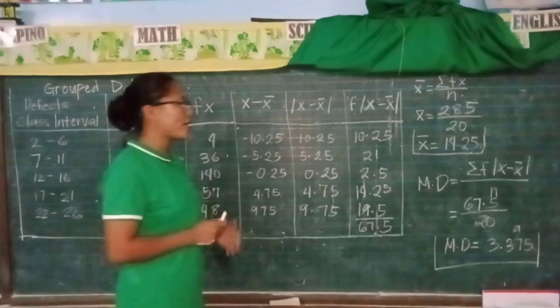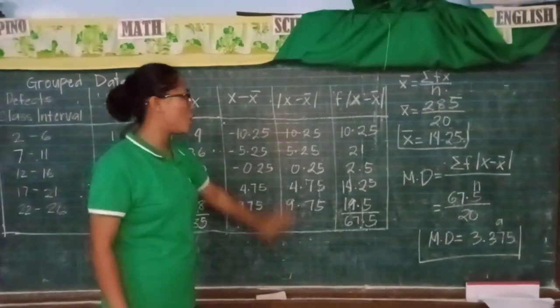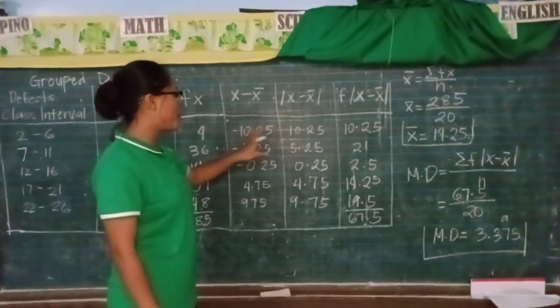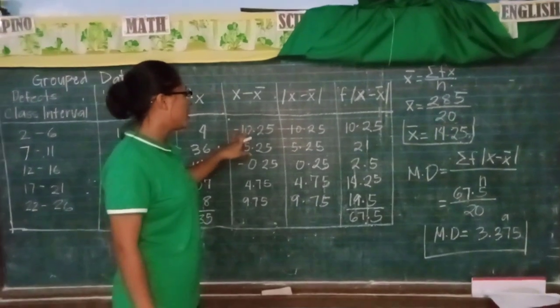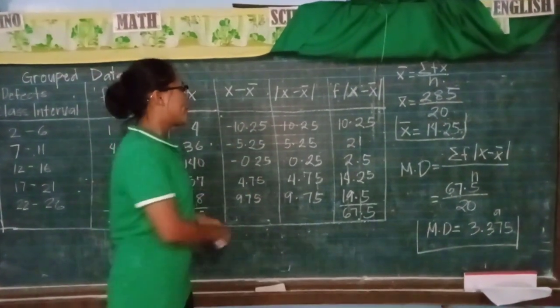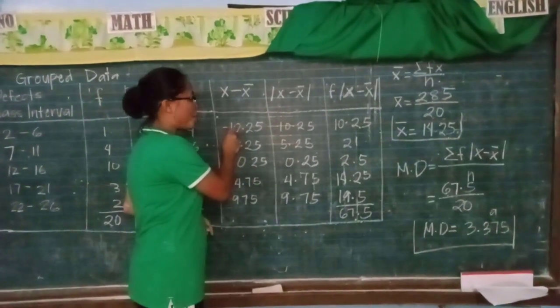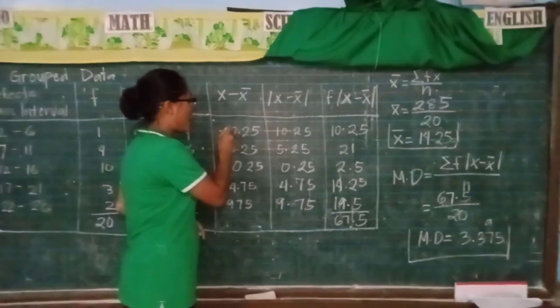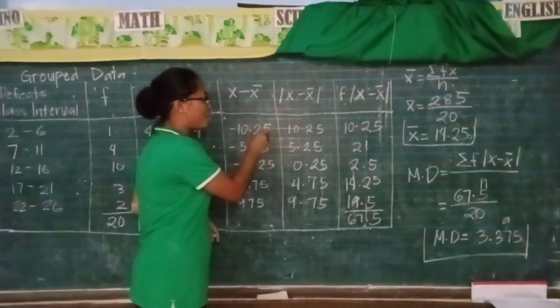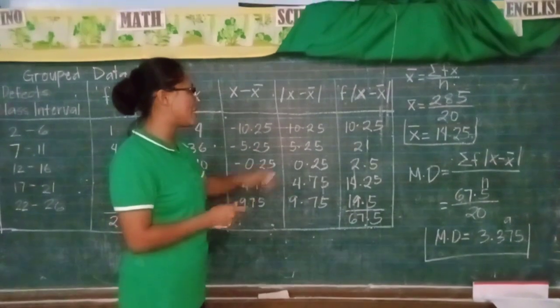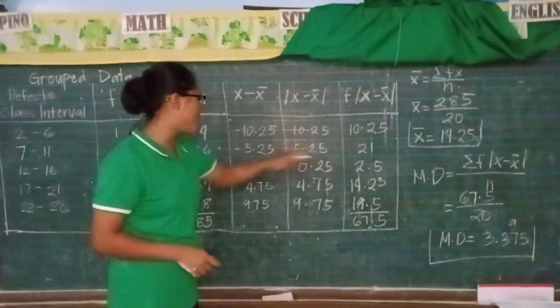To avoid negative, in our next column we will copy our numbers, and these numbers will be positive. Our negative 10.25 will be positive 10.25.